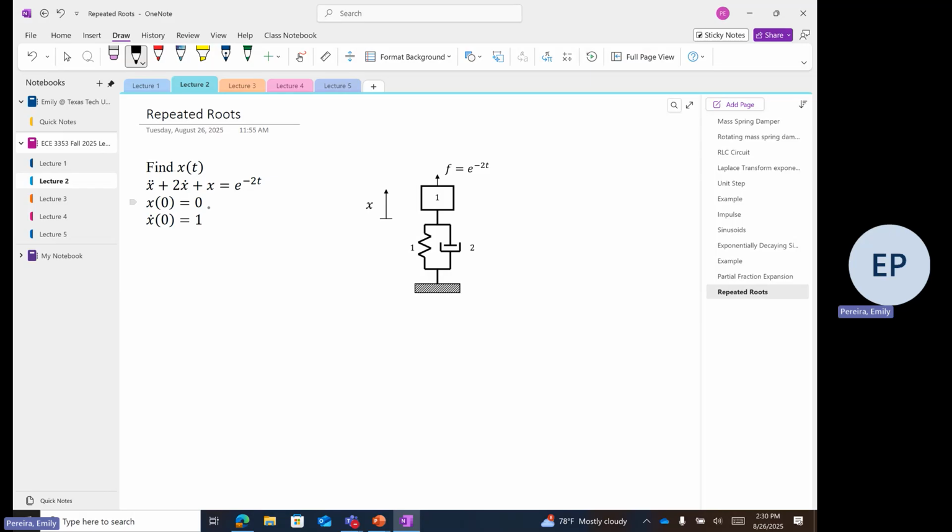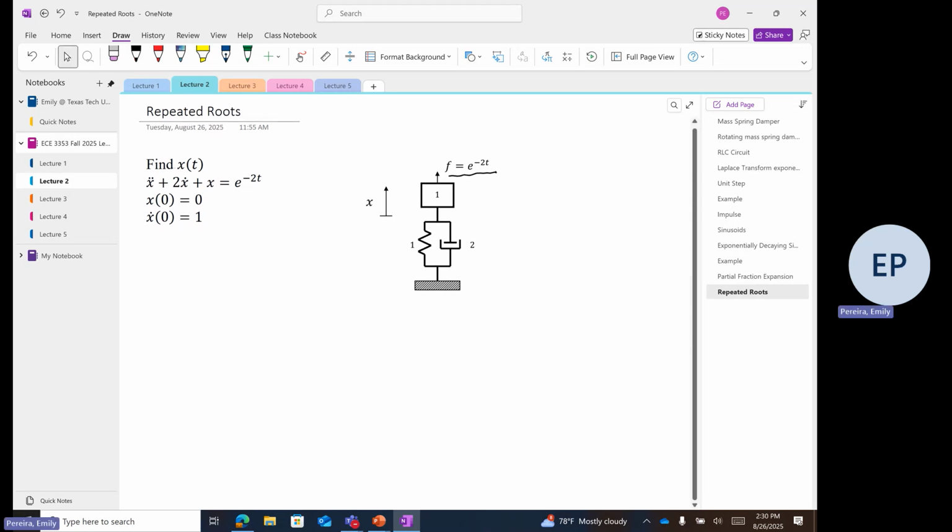And we're given the initial condition that the position is initially at 0 and the velocity of the mass is initially at 1. And we're told that there's an upward force of this exponential term, e to the negative 2t. Ultimately we want to find x of t, our solution. But in order to do that, we need to first find the transfer function.